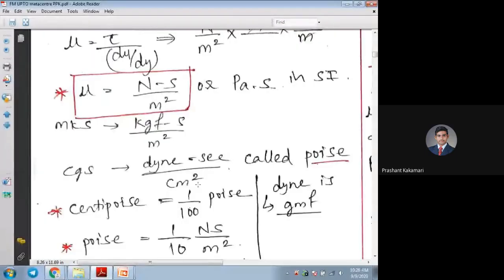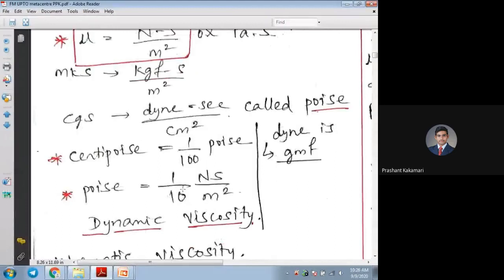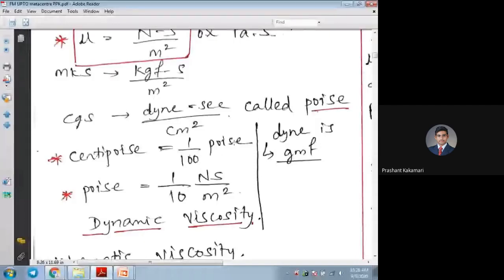So one poise is nothing but 0.1 Newton second per meter square in SI unit. If you write it in centipoise, it is 1 by 100 poise. So 1 by 100 into 0.1, if you multiply, that will again become Newton second per meter square. We will discuss this in the problems again.